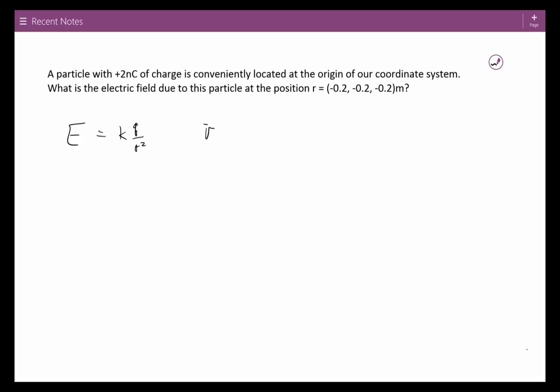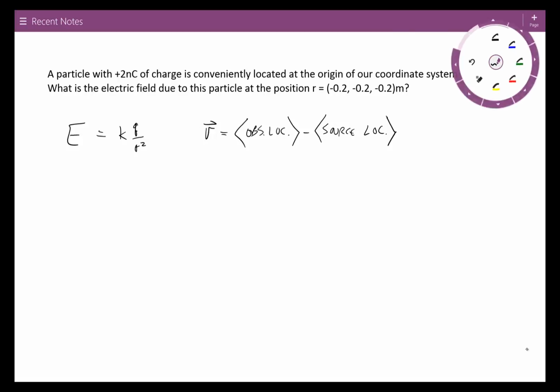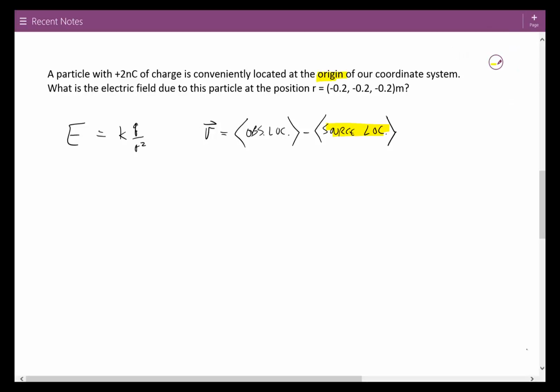So recall that r as a vector is the observation location minus the source location. Since our source location in this case is the origin, that's just going to be 0, 0, 0.